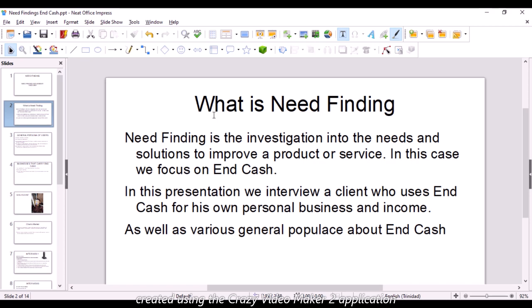What is need finding? Need finding is the investigation into the needs and solutions to improve a product or service. In this case, we focus on Encash.